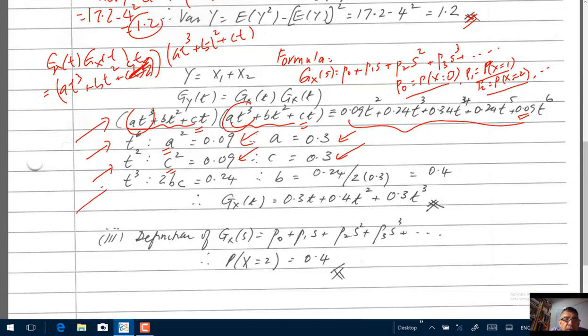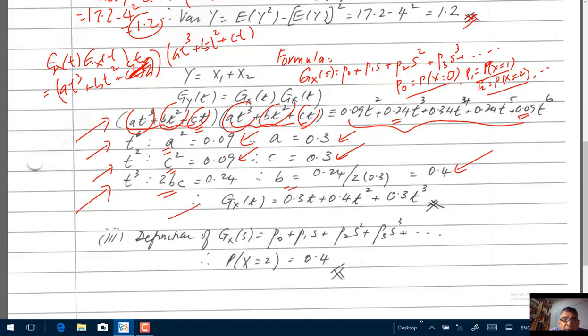And then I looked at the coefficient of t cubed. I have bt squared times ct, and ct times bt squared. So I'll have the coefficient of t cubed as 2bc, and that will be equal to 0.24. Clean it up, you'll get b equals 0.4.